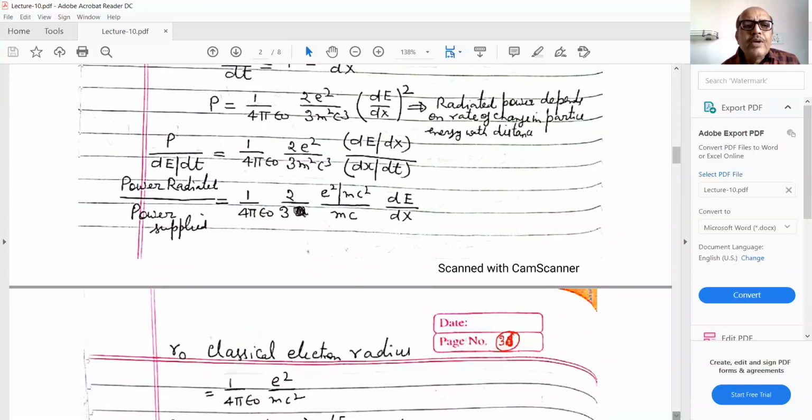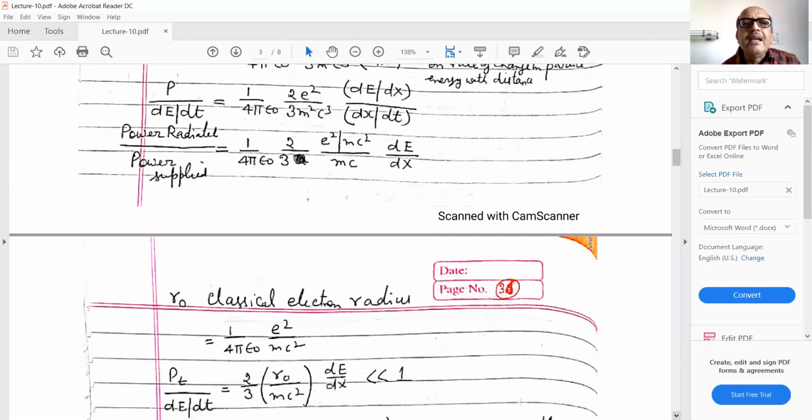So r0 here is the classical electron radius. It is 1 upon 4 pi epsilon 0 into e square upon mc square, because we have 1 upon 4 pi epsilon 0 and then e square upon mc square. You club these terms together, and it becomes the classical electron radius, divided by mc square.